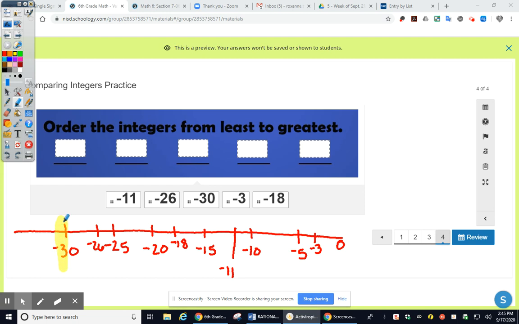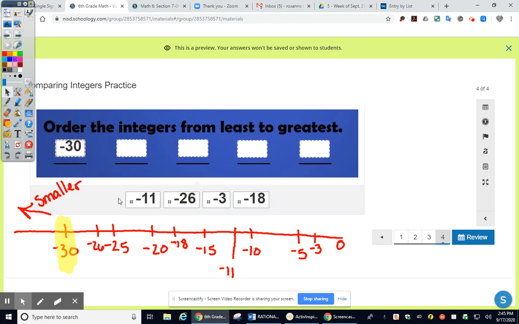Remember, the further left, the smaller your value is. So negative 30 would be the smallest value here, right? Then next we see negative 26. So that one would be next.